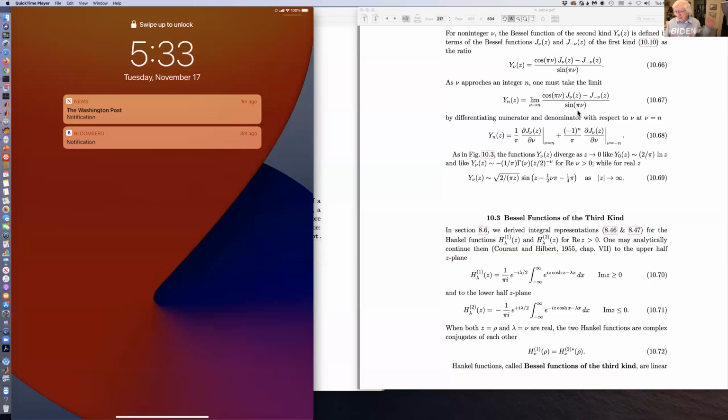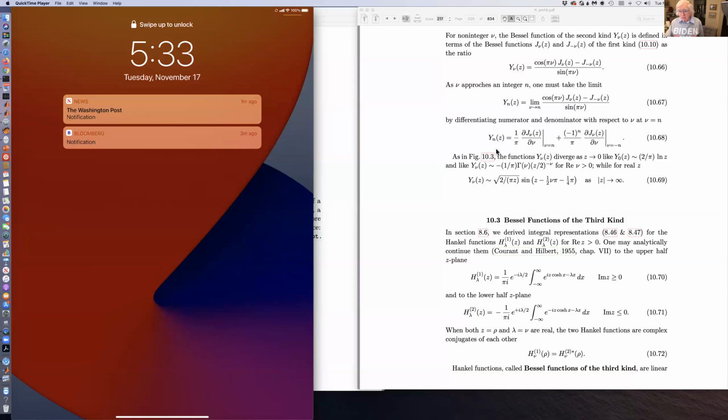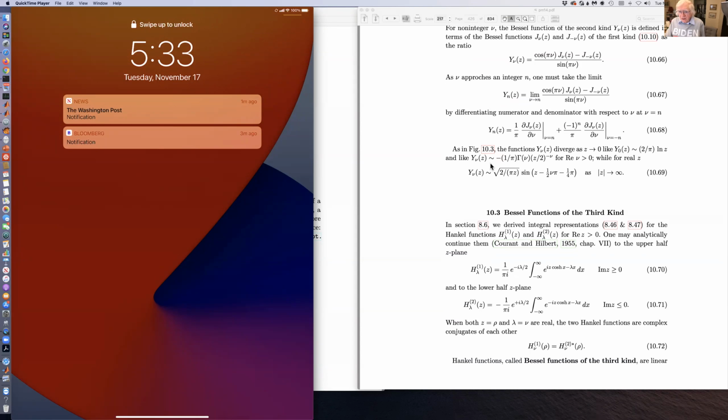And of course, the denominator, when you differentiate, you get cosine apart from a pi, and then cosine of pi n is then plus or minus 1, and that factors in with the derivative of the numerator to give this expression.